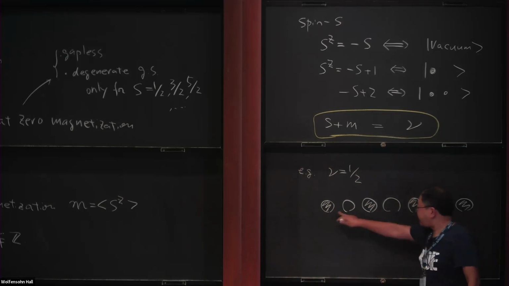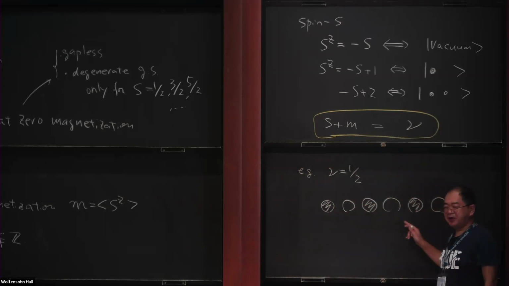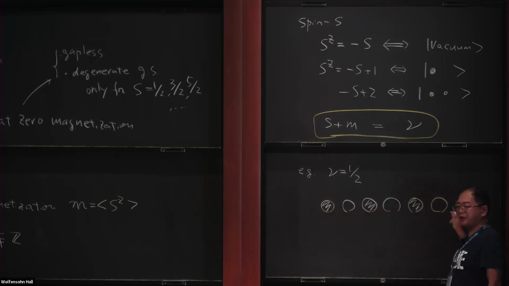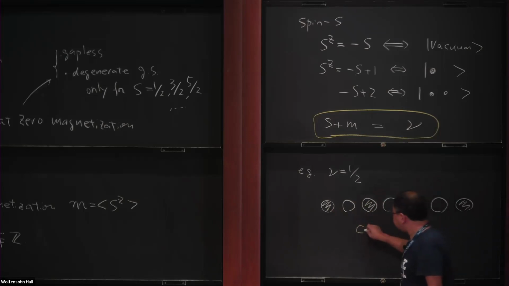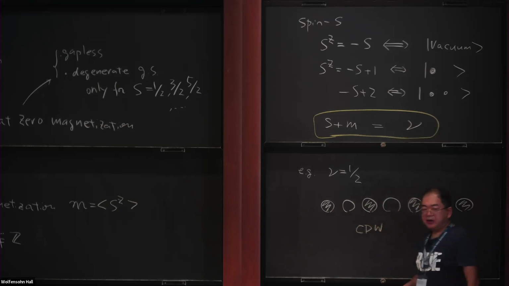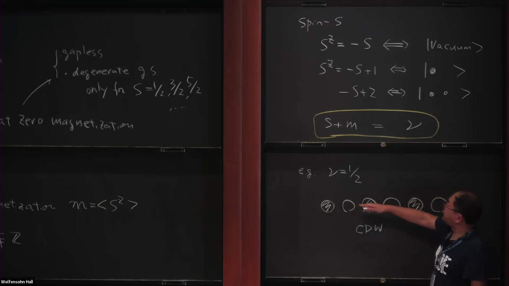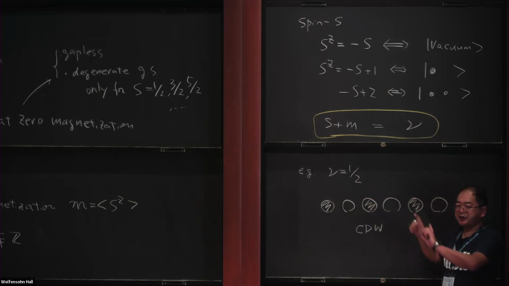Then, of course, you can form this kind of ground state with particle occupied, empty, occupied, empty, occupied, empty. In terms of particles, this corresponds to a sort of charge density wave state. And if this particle were a magnon, then this corresponds to a Néel ordered state.